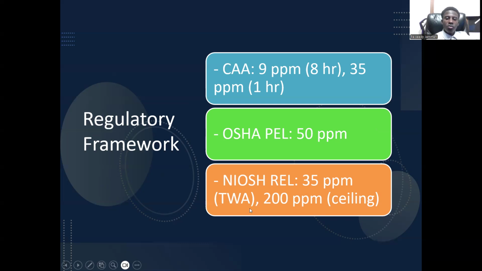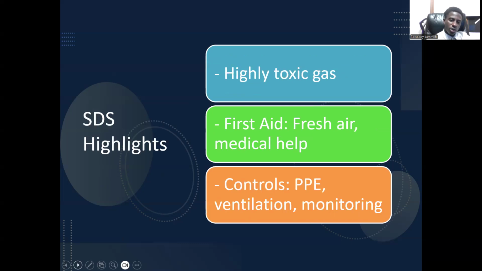So you realize that the National Institute of Occupational Health and Safety is also in line with the Clean Air Act, and also plays a pivotal role. It is a regulatory body which is responsible for ensuring that occupational health and safety is maintained at workplaces.